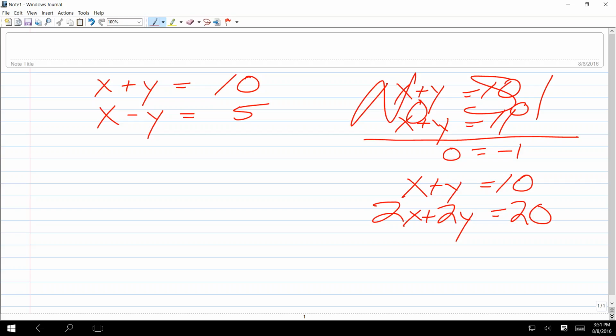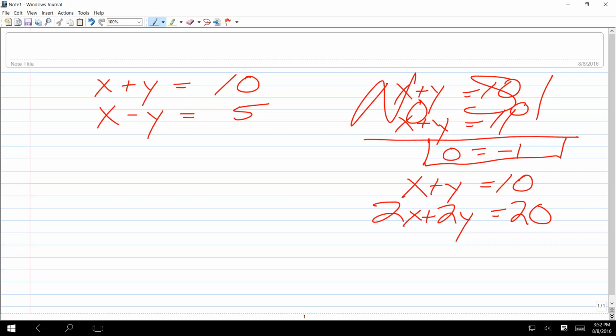So whenever you have two equations that are impossible, you end up with no solution. And when you try to solve those equations, what you end up with is one number equals a different number. And it doesn't matter if it's 0.